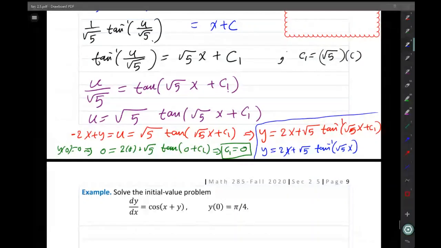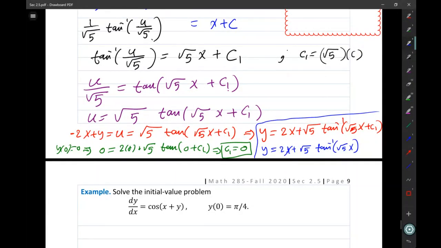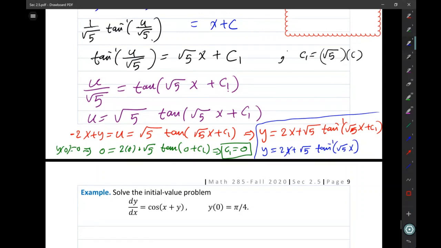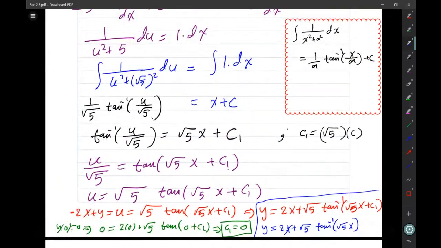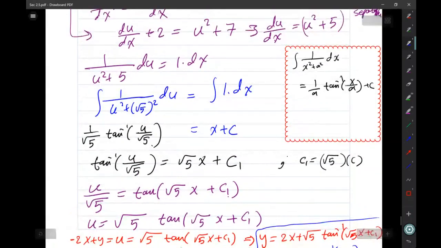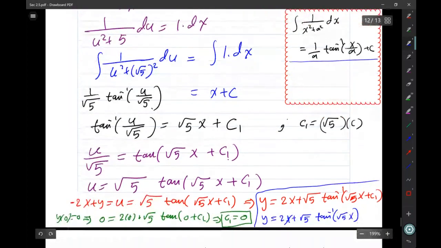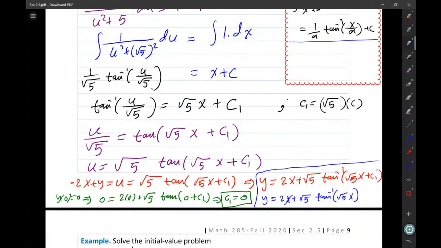Any question? Is there anyone? Bilal, go ahead. Yeah, Professor, isn't it tan and not tan inverse? Because if we look at the working out, it's root 5 tan root 5x plus c1, just to the left of the box, the one you made in blue on the last line of the page.